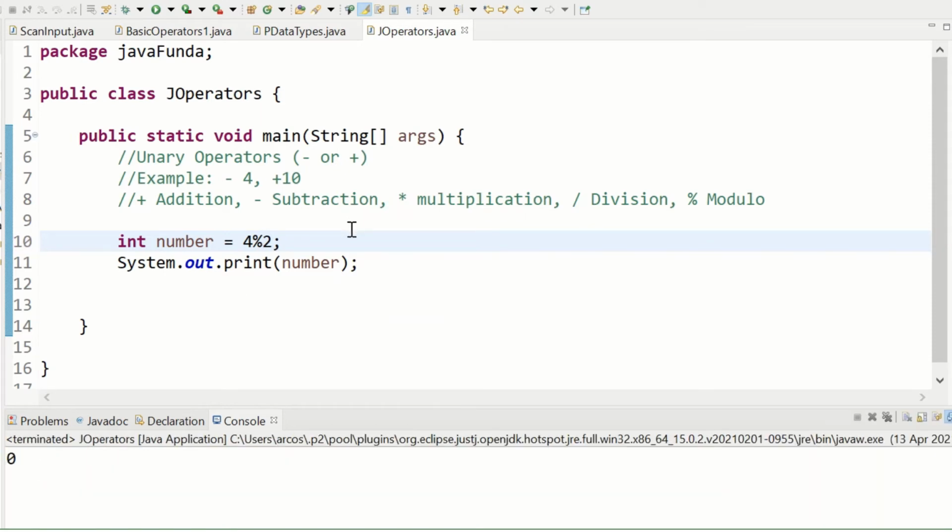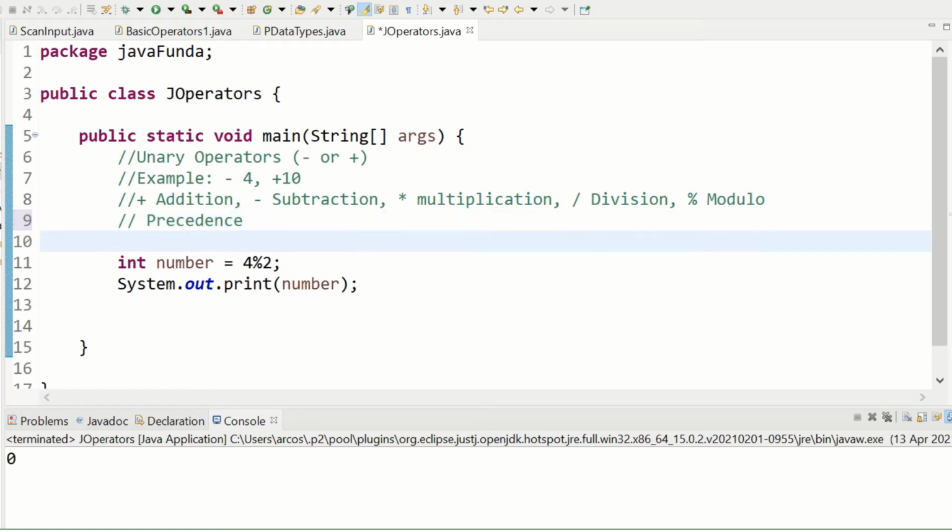But the main thing here is that when you use the operators in Java, there is also something you are going to consider: precedence. When you say precedence, that's the order of the operators that is read by your compiler. We have higher precedence and lower precedence.